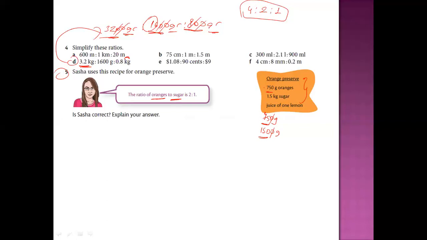The 150 divided by 75 is 2, and 75 divided by 75 is 1. But Sasha used 2 to 1, while our recipe must be 1 to 2. So Sasha is not correct. Explain your answer. The answer is here.